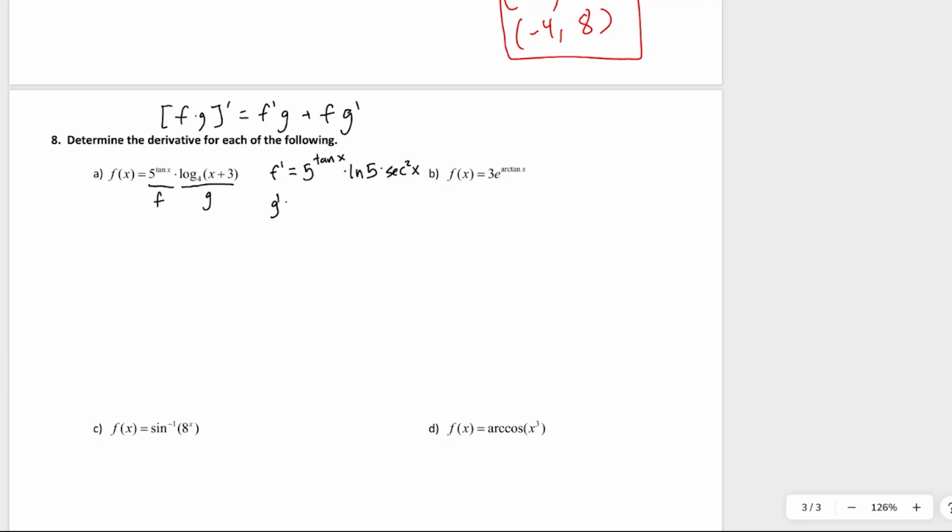Our g prime is going to be 1 over, oh, what am I doing here? No. 1 over x plus 3 times the natural log of 4. And then we'll multiply that by the derivative of the inside, which actually just ends up being 1. So we don't really need to worry about that, because multiplying by 1 is obviously not going to change anything.